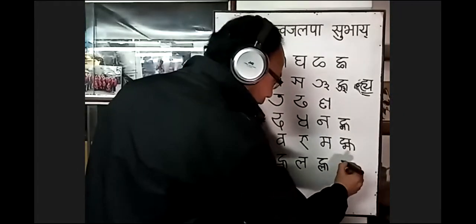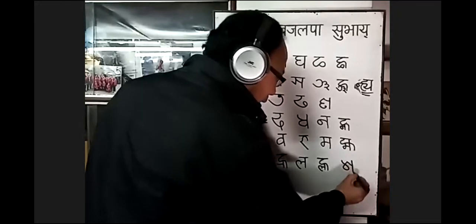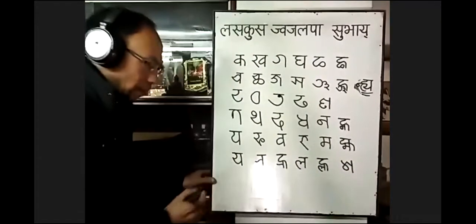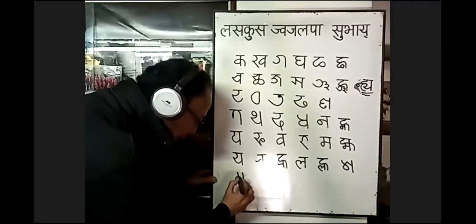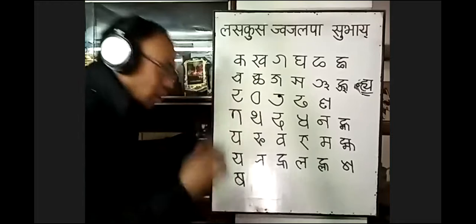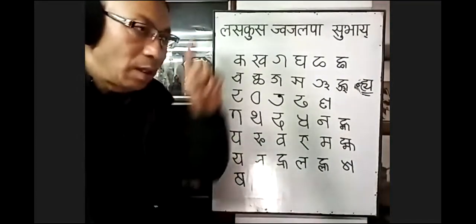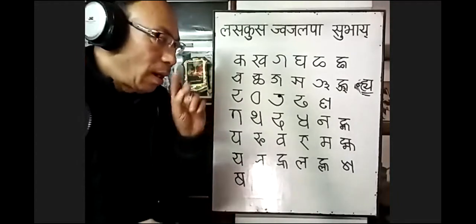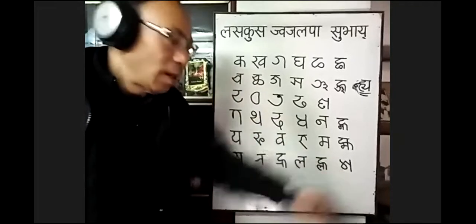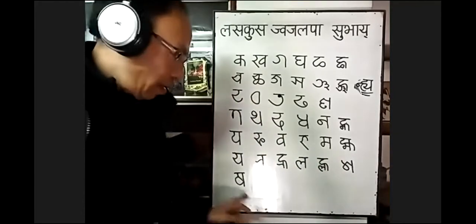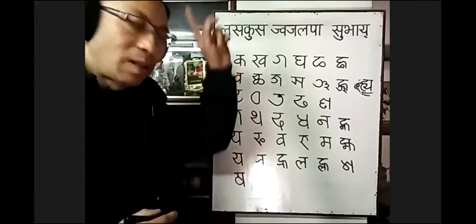And then this sha, and this is another sha. Your tongue is twisted more towards the upper part of your mouth. This sha is just a little above your teeth, and this one is even more towards the upper part.